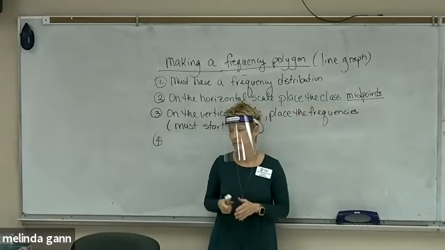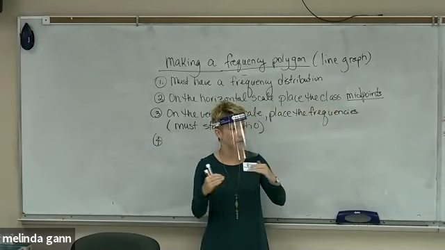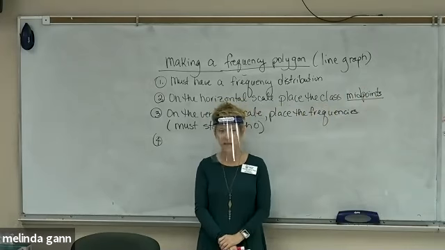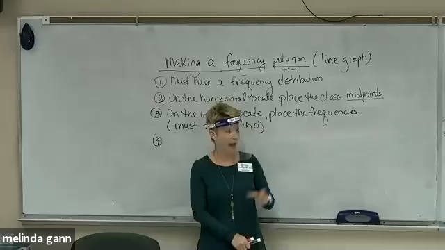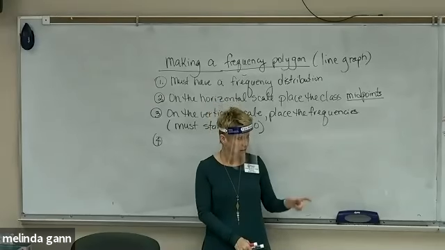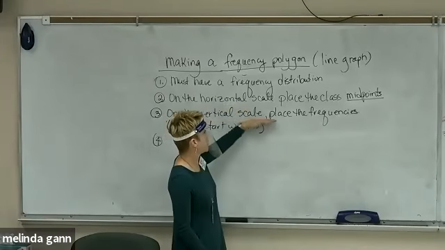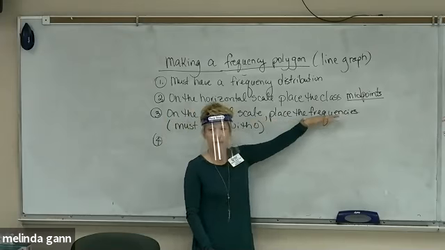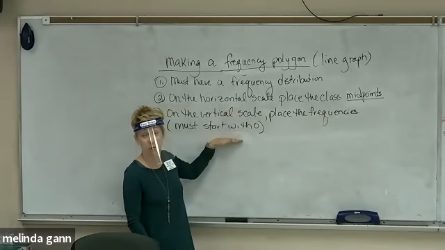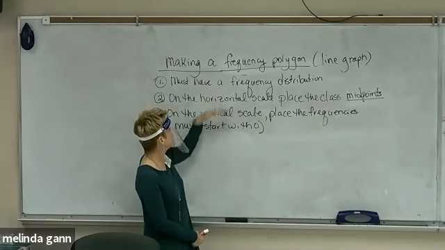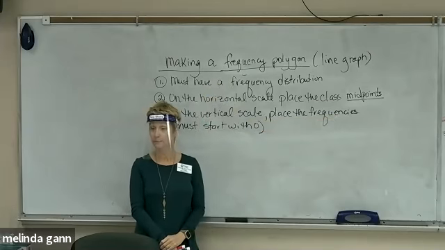So midpoints go on the frequency polygon, boundaries go on the histogram. And again, you know how to find midpoints. I add them and divide by what? Okay? Now, again, on the vertical scale, you're going to put the frequencies, and that vertical scale has to start with 0 on both graphs. So step 1 and step 3 are the same.